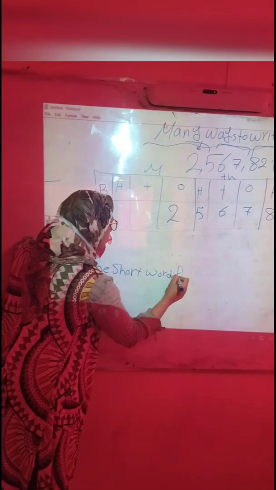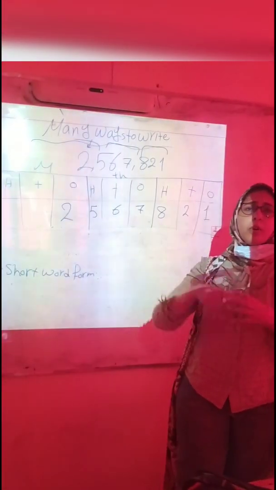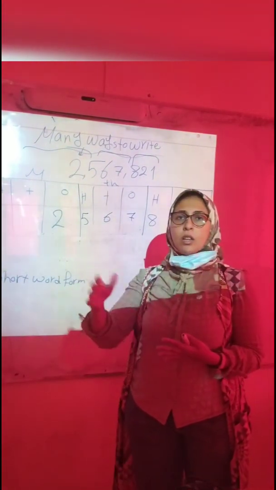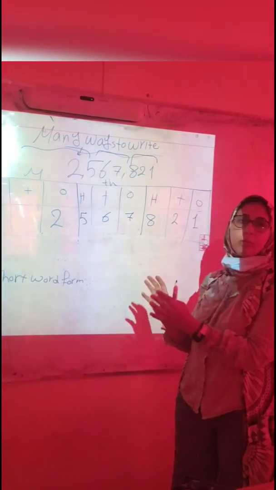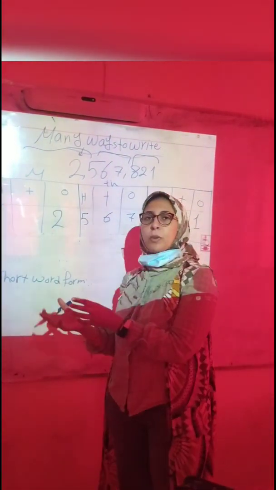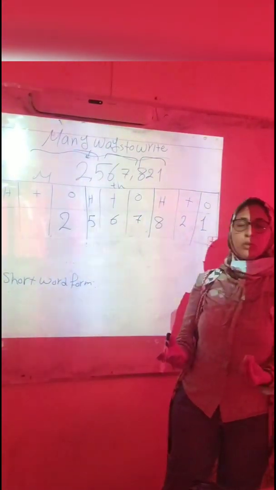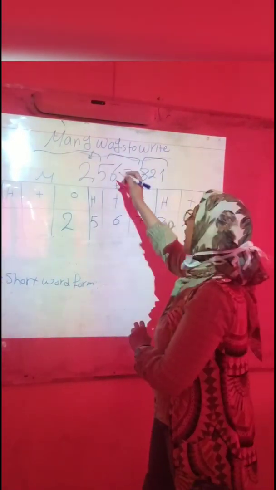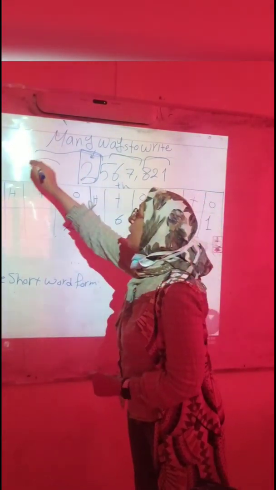word form. Now we're getting tired of writing all the numbers in word form. When I have a number containing a billion, I will write more than 3 lines. What if I cut this form to make it shorter? It's going to be a mix between the standard form and word form. So how am I going to make it? I divide the number into periods and take the first period. 2, in which period?